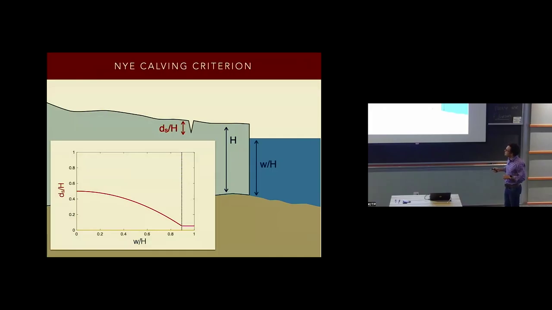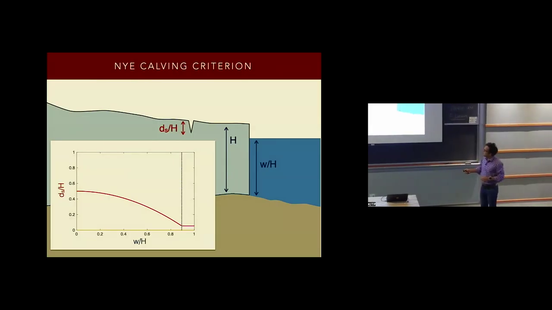When your surface crevasse is 1, that would mean you're penetrating all the way through. What you see is that if you're in totally dry conditions, you don't have water pressure at the front of your glacier, then your surface crevasse in this framework penetrates to 0.5. And then as you're entering water, that acts to close that surface crevasse, and then at some point you're floating and you have a small surface crevasse.